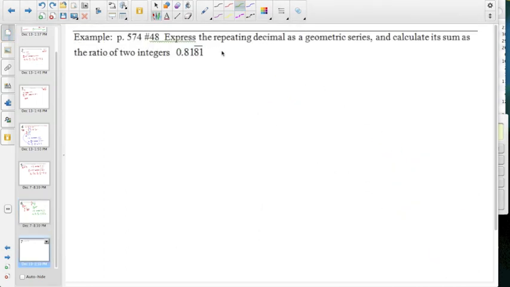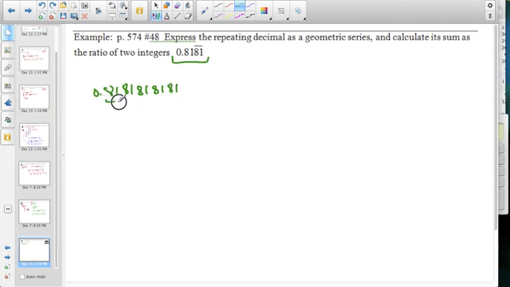For this example, we have a repeating decimal, and a repeating decimal is really the sum of an infinite series. So if we think about a repeating decimal, we know that the bar over the 8 and 1 means the 8 and 1 repeat. And so if we look at this portion, that's really 81 over 100th.